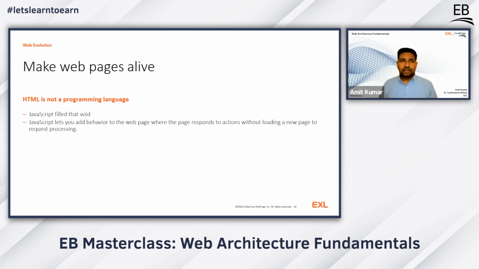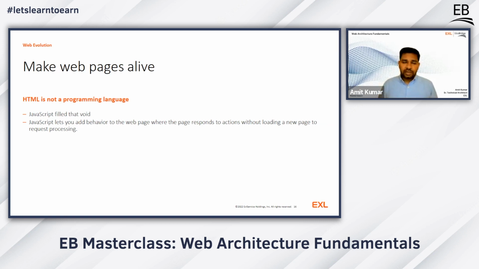You can iterate, you can use a for loop, you can use if conditions, you can use a switch condition based on the logic we want to apply. Such features came with programming languages. HTML was not a programming language; it was designed to structure a page.